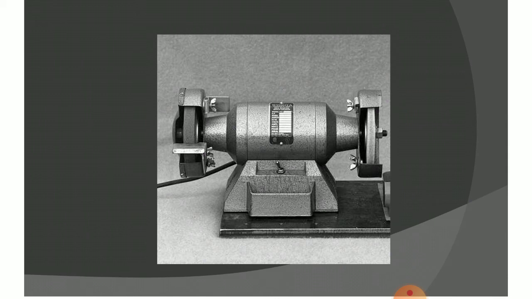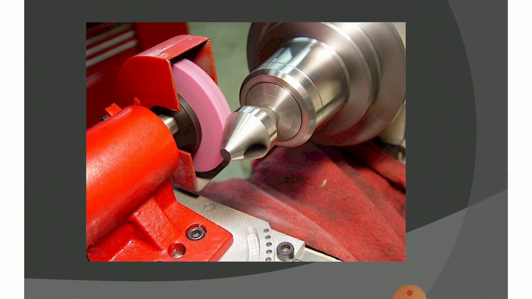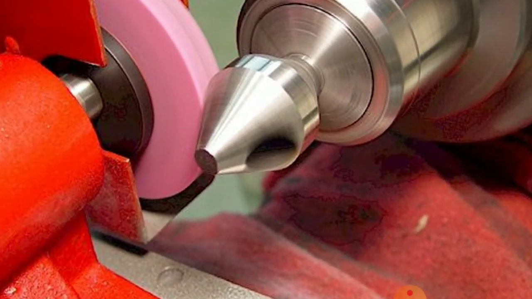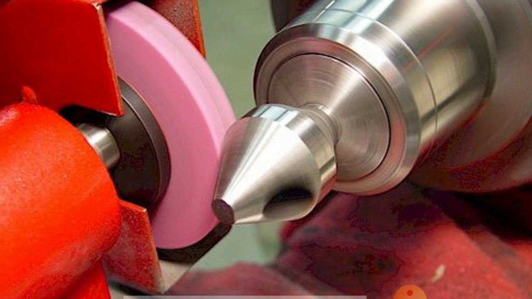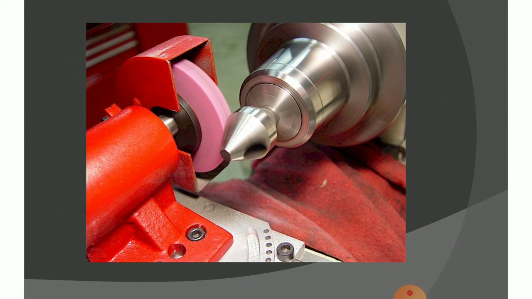A very common example that we can give here is to resharpen a single point cutting tool, or even a drill tool, whose tip can be sharpened with the help of a grinding machine, right? As in this picture you can observe, a very smooth and fine surface finish is achieved with the help of a grinding machine, right?